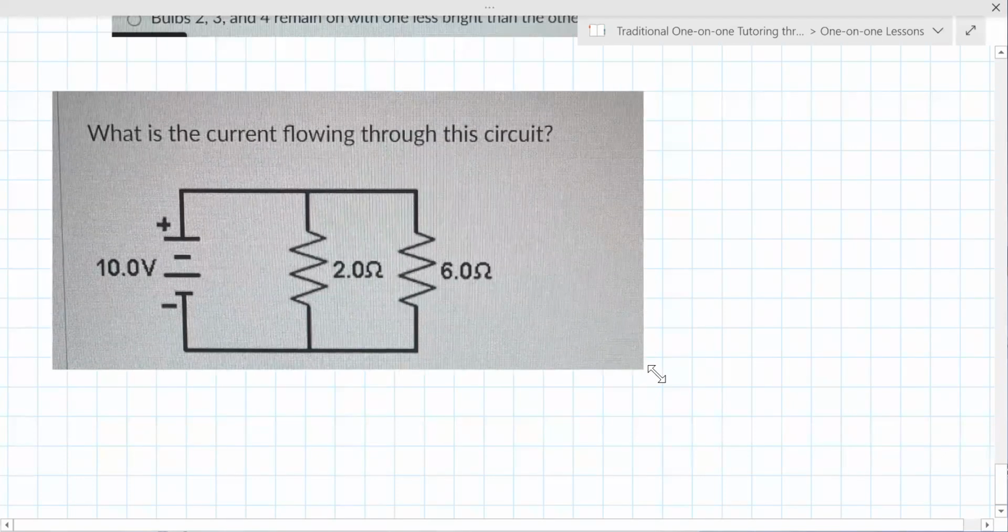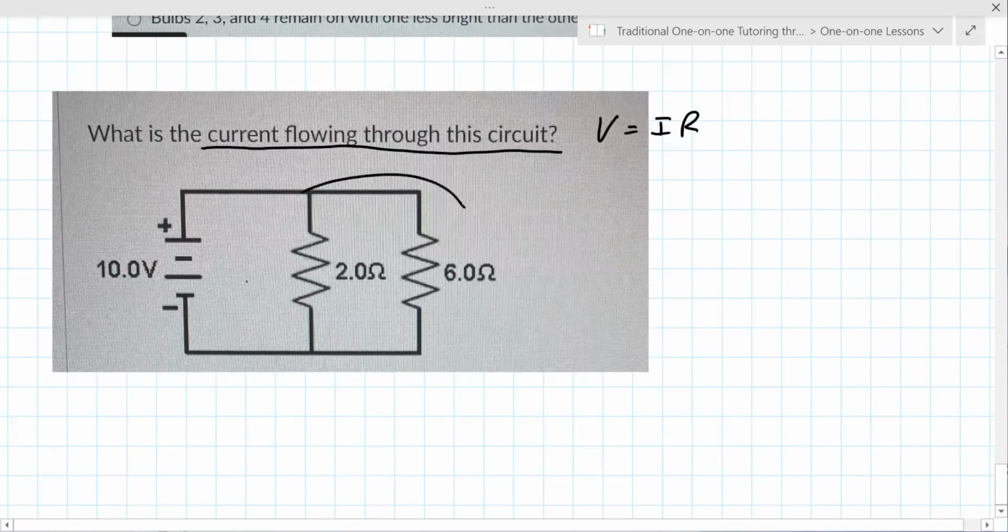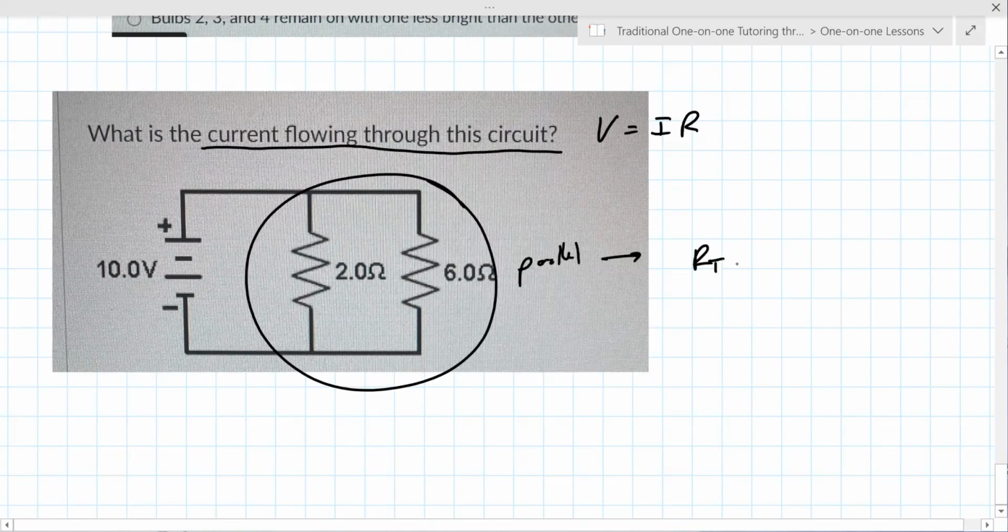Like this next question is very straightforward. It wants the current flowing through the circuit. And that's a V equals IR problem. But you have to first turn this parallel into a total. You need to know what the total resistance is of the circuit. So we've done that a few times. 1 over RT is 1 over 2 plus 1 over 6.